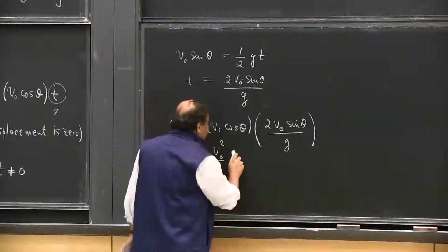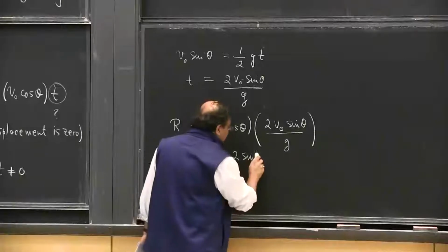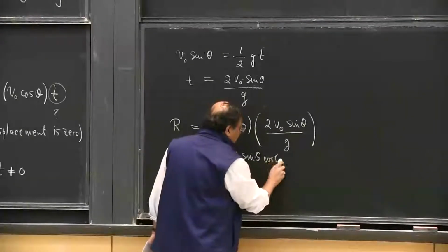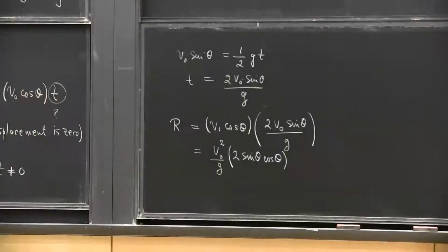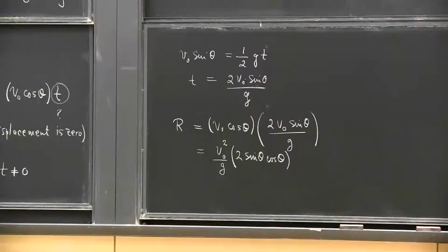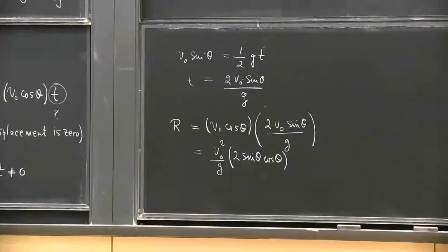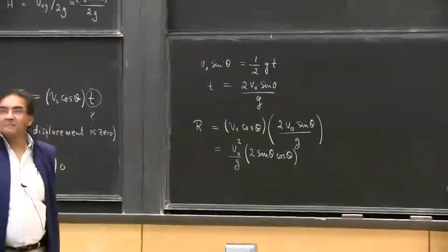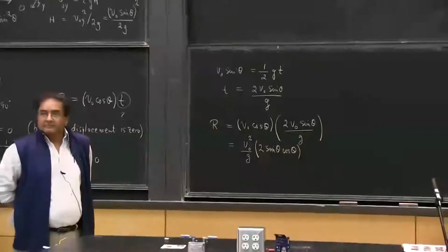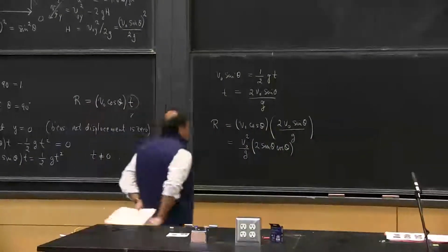And then I'll be left with 2 sine theta cosine theta. Can 2 sine theta cosine theta be written differently? What is the usual way of writing 2 sine theta cosine theta? High school. Think high school. Sine 2 theta, that's right.